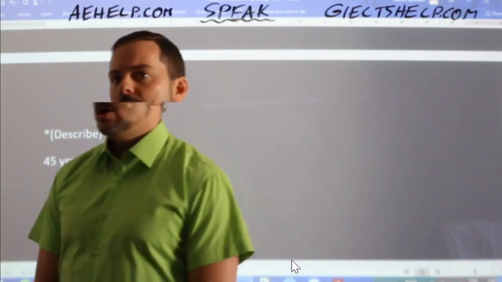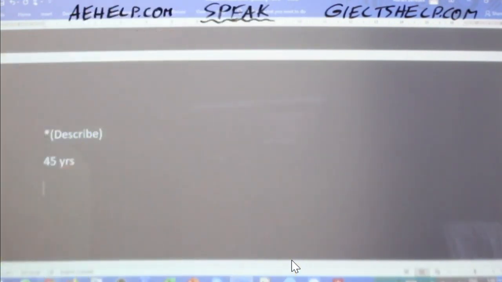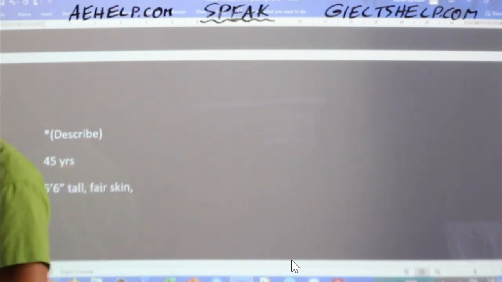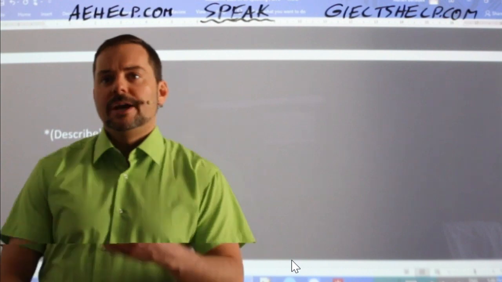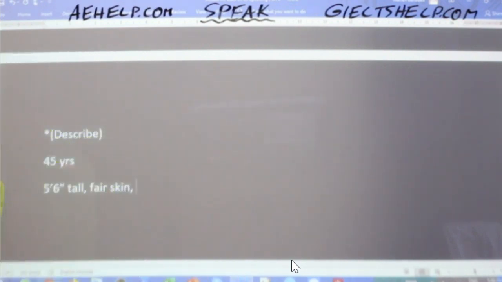Okay, Boomy says 5'6" tall. 5 foot. Okay, it's quite short, but that's okay. So 5 foot 6 inches. Tall, fair skin. Okay. Blonde hair. Sure, why not? Let's go with that this time.